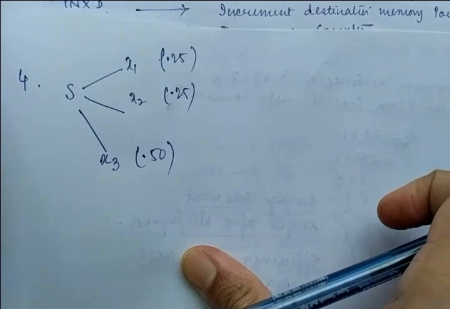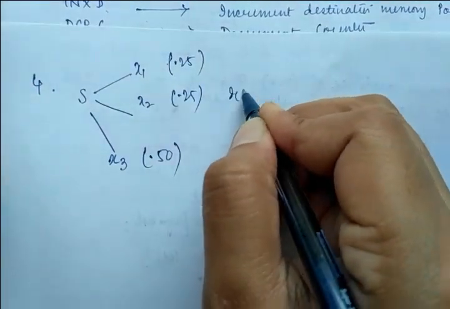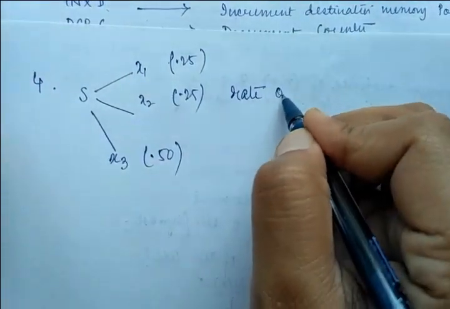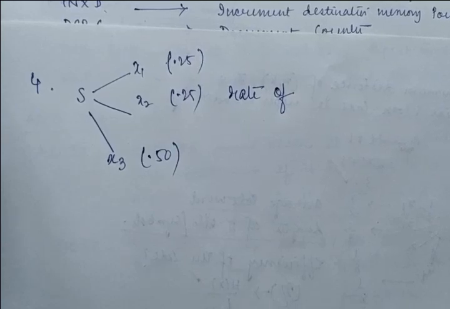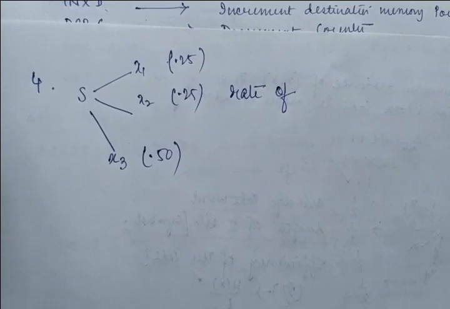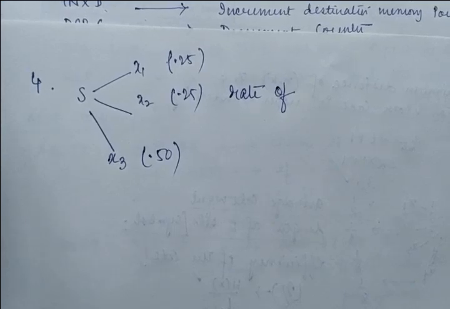Okay, so this is another important thing, that is the rate of, and please focus on the unit, that I have already mentioned in my first lecture. Please focus on the unit, whether it is symbol per second, whether it is bit per symbol, whether it is source per symbol, and whether it is bit.